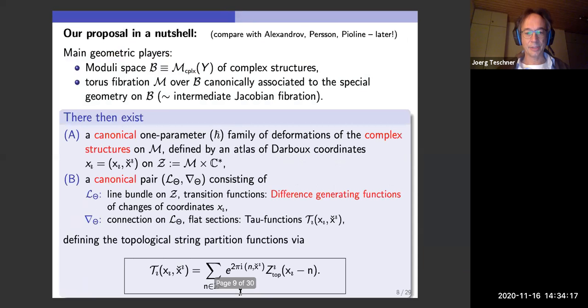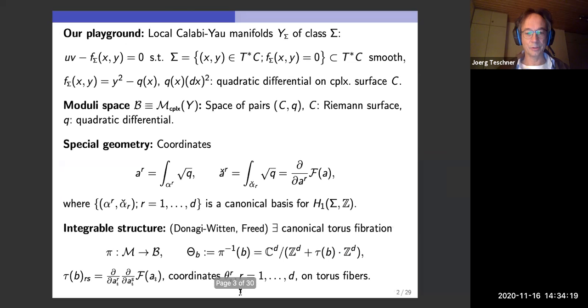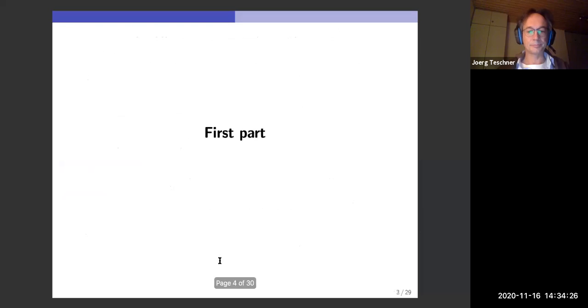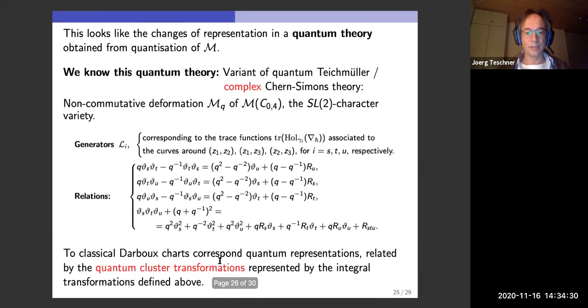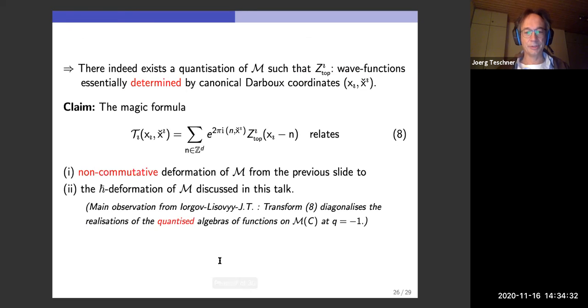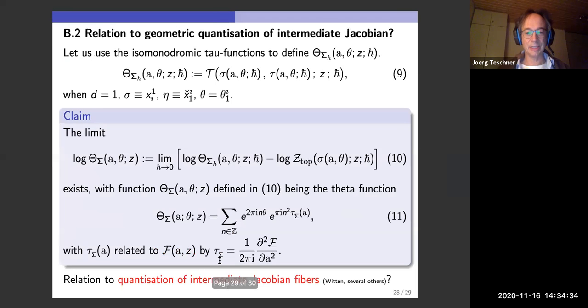It is the coordinate which on the one hand expresses the linear structure of the torus, but which on the other hand expresses the complex structure of the torus.